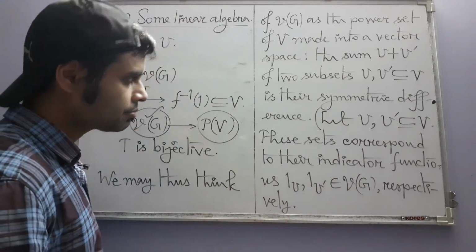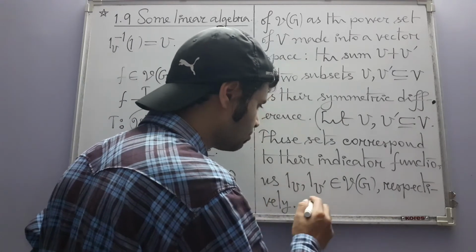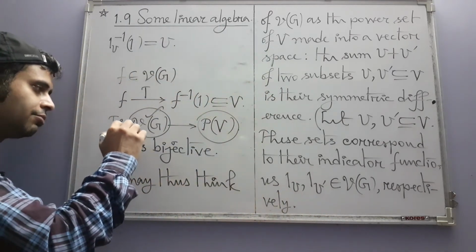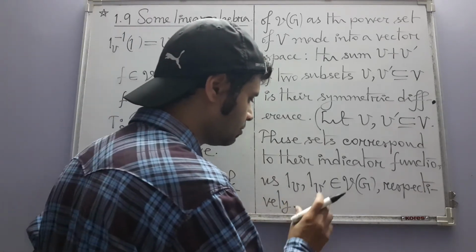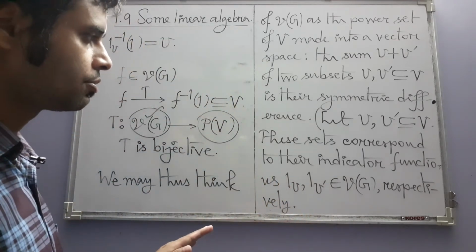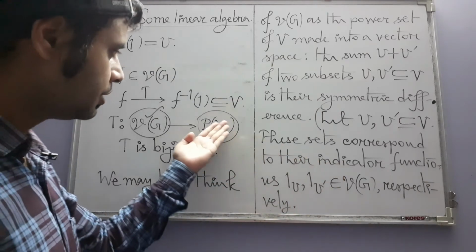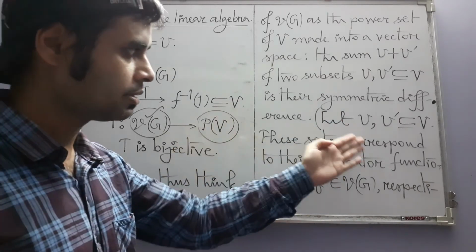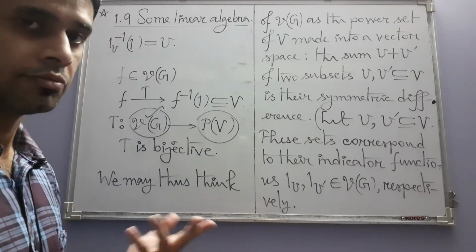So now what we are saying is that if we take the sum of these two functions, using the sum of two functions, then we will get a function that in fact will turn out to be the indicator function of something, and that something is the symmetric difference of u and u prime. Let us see if that is true or not.